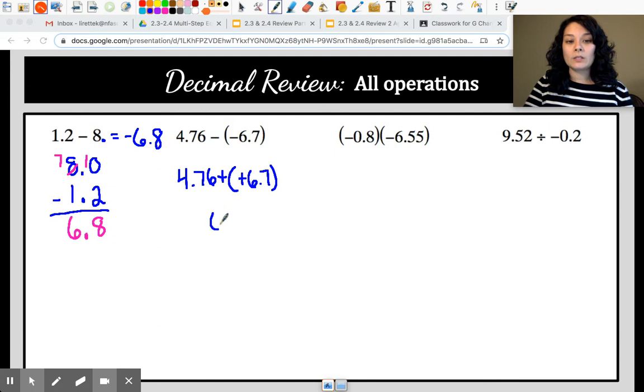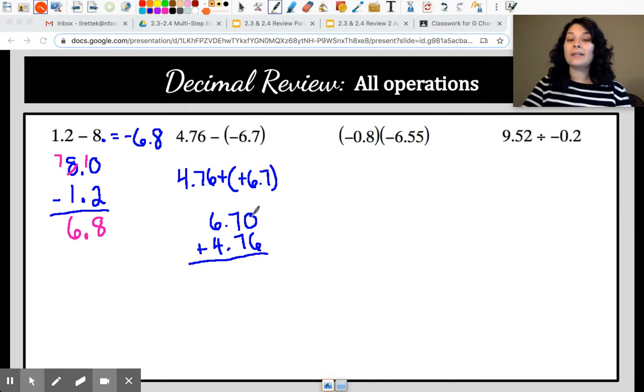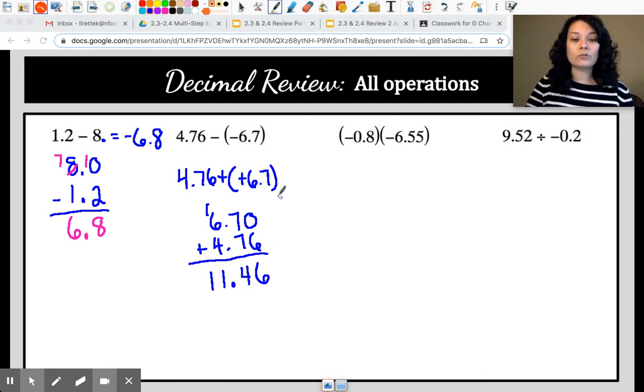So I'm going to take the 6.7 added with the 4.76, but if I'm missing a value here, I want to go in and add a 0. And now I can add down the columns. I should get 6, 14 carry the 1, 10 plus the 1 I carried should give me 11. And then I just bring my decimal point straight down into my answer.